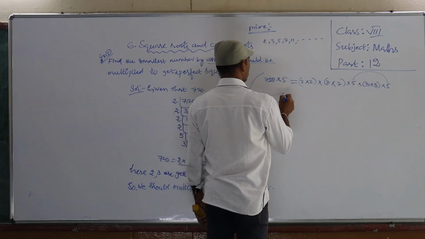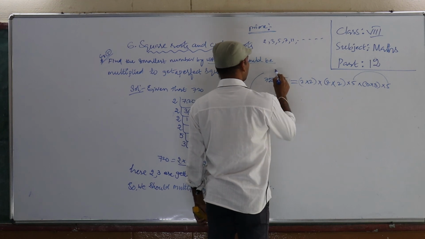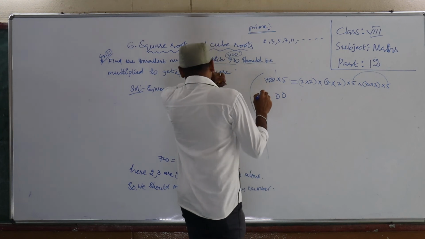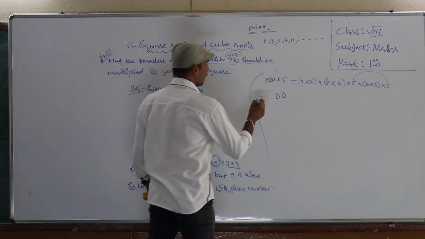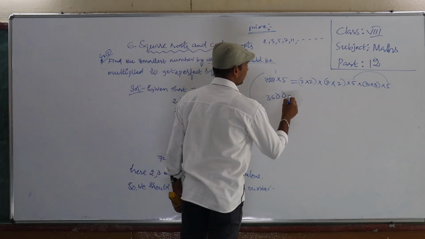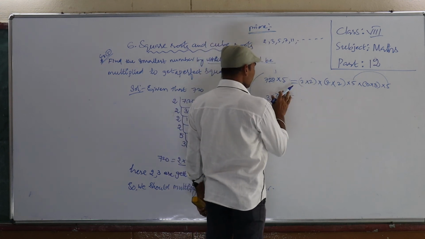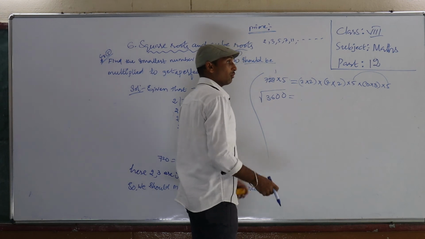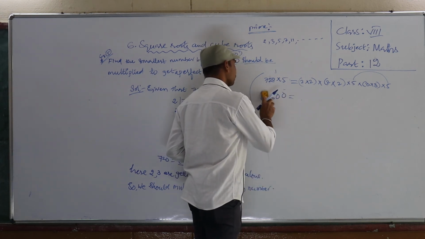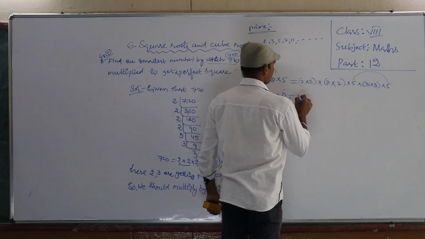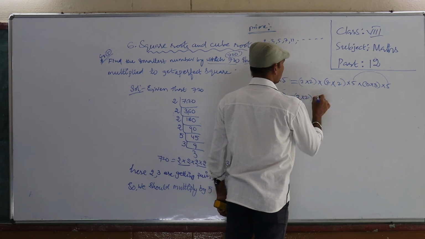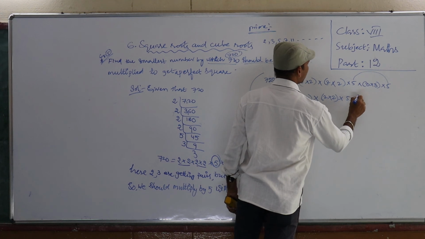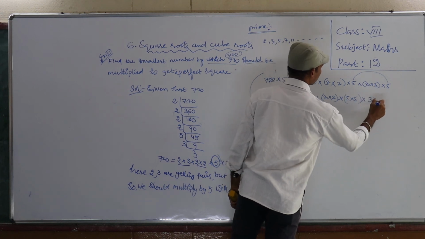So 5 0s are 0, 5 2s are 10, 5 7s are 35, so 3600. Then for this 3600 we have to find the square root. So here 2 into 2 into 2 into 2 into 5 into 5 into 3 into 3.